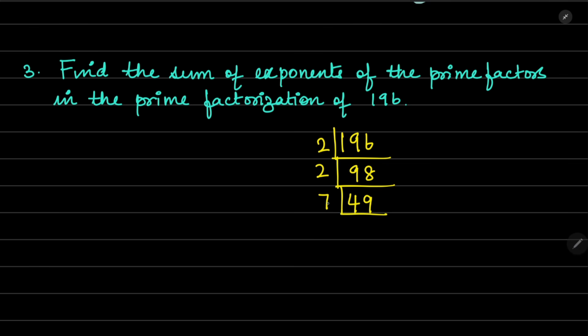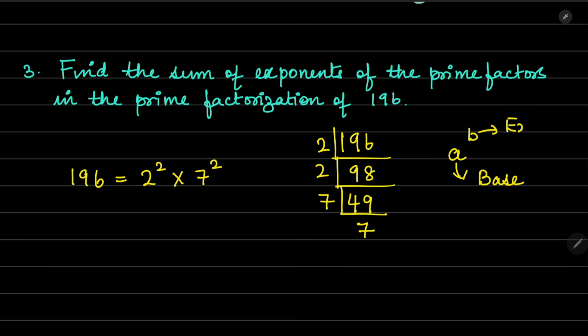And the minute you see 49, which is a perfect square, 7 7s are 49. So the prime factorization of 196 is 2 squared multiplied by 7 squared. Whenever you have a raised to the power b, a is your base and b is your exponent.